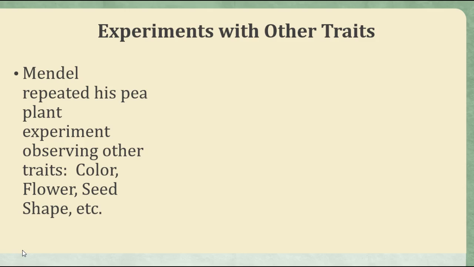Now Mendel found something very interesting, which we're going to talk about in a minute, but I want you to understand that he didn't just study the height of plants. He made this discovery, and then he said, well, I wonder if this is the same with all of these other traits. So he started looking at some other traits, and he repeated his pea plant experiment, observing these other traits.